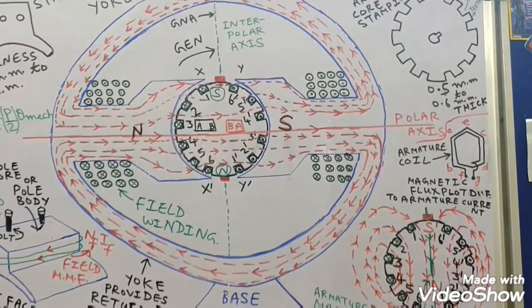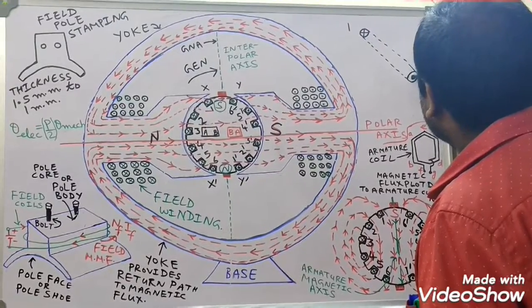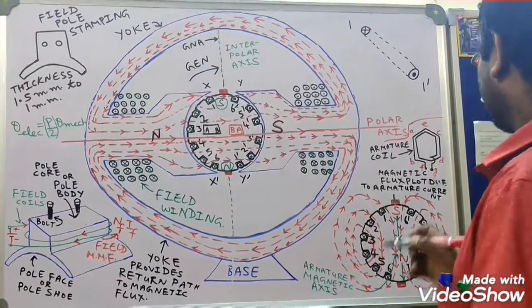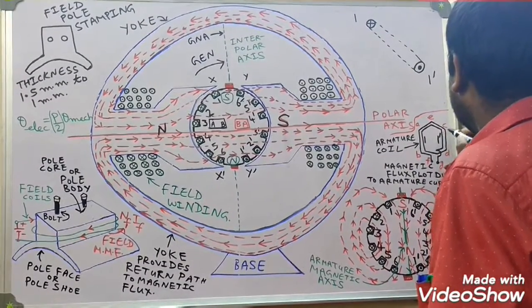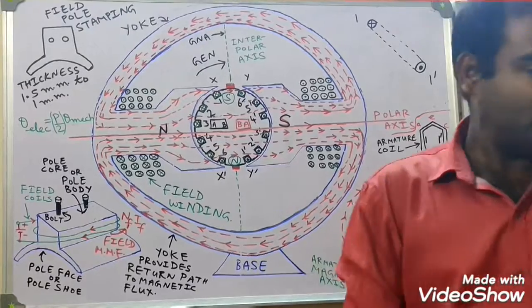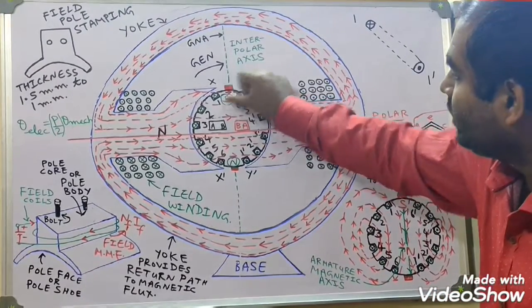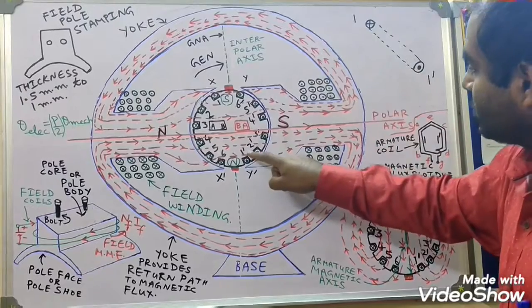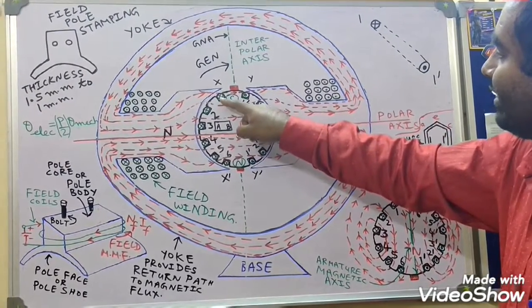Let me draw it separately. So let us try to find out. So this is coil side 1. This is coil side 1 dash. This coil side 1 is carrying cross current.